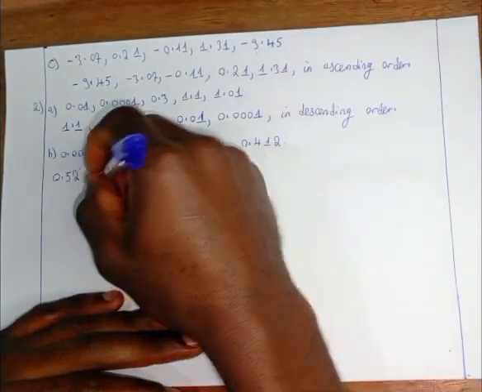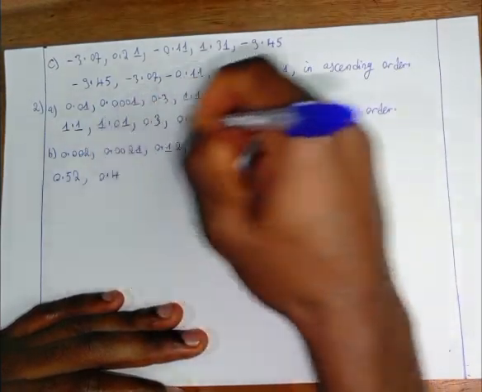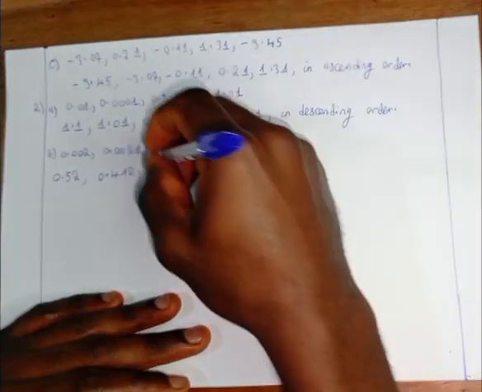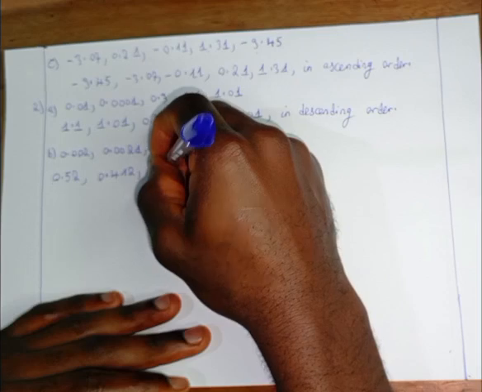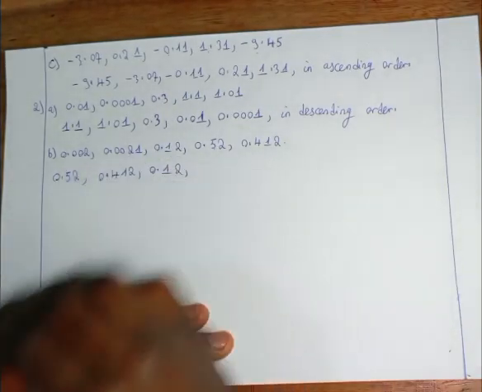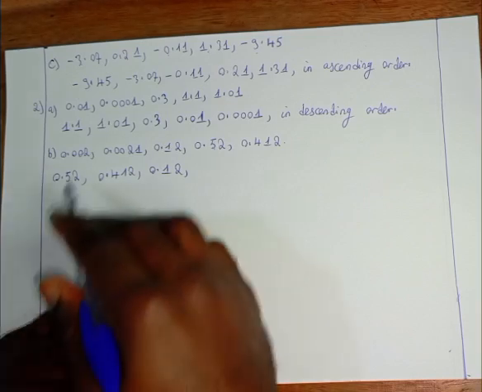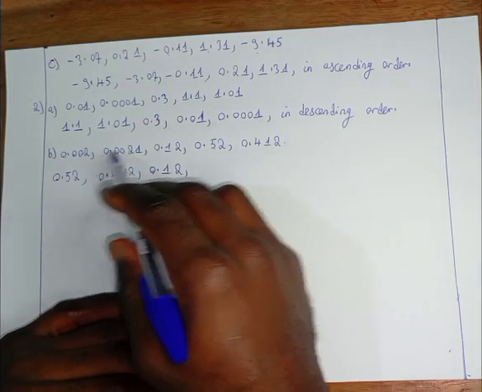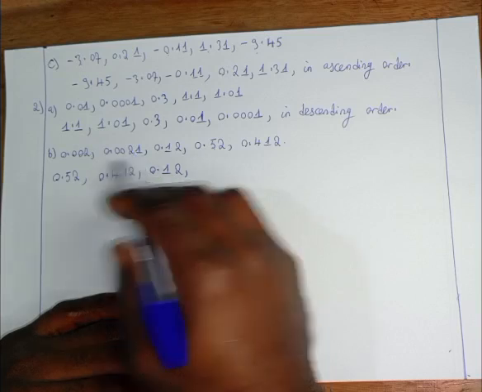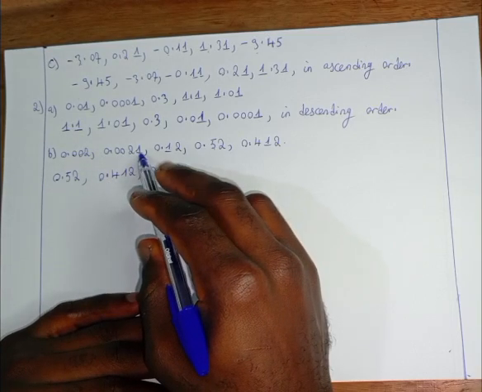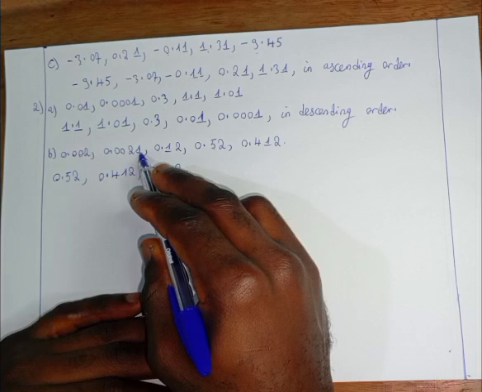The next is 0.42. The next is 0.12. We have to compare these two decimals. Here we have 0.0021 and 0.002. You will see that this one has a fourth digit after the decimal point, which is 1.